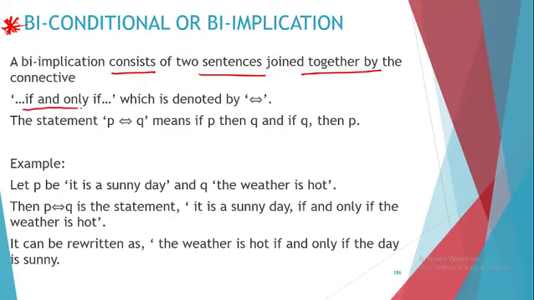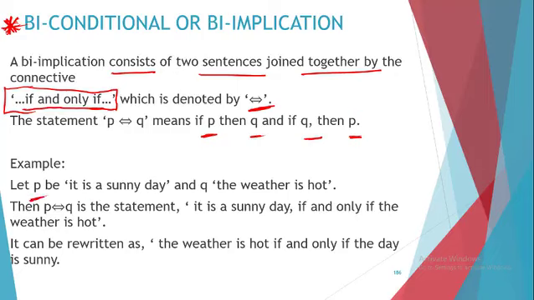Under this, what we make use of is the language if and only if, which is denoted by this, and the statement P implying Q means if P then Q, and if Q then P.